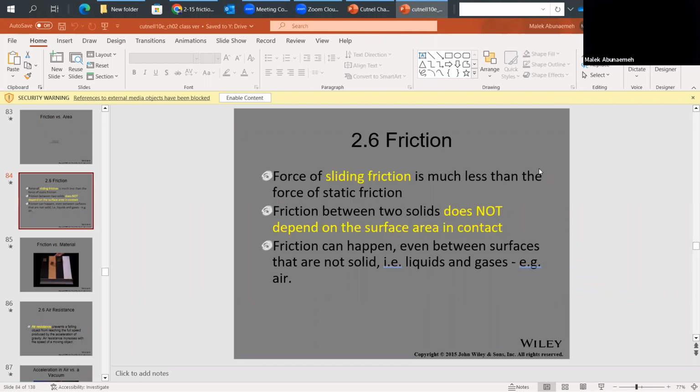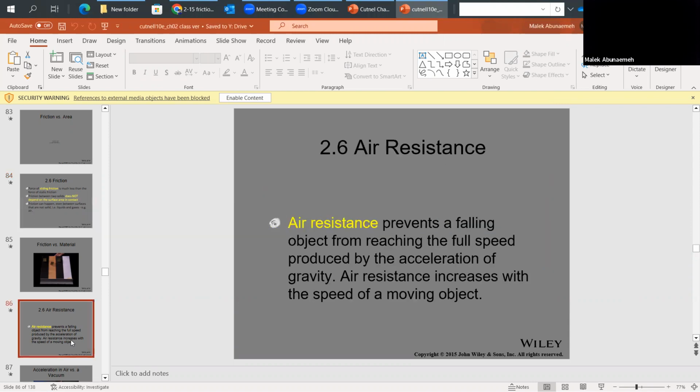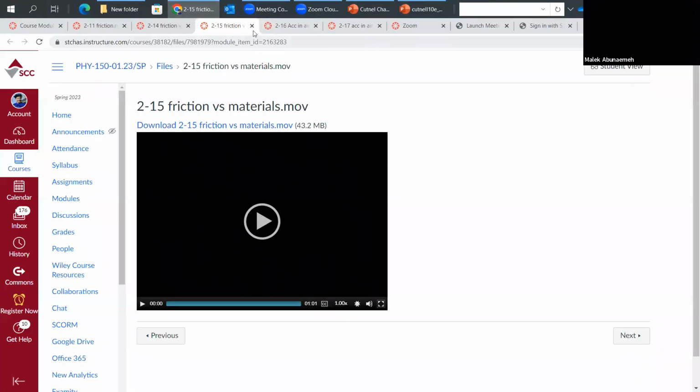Friction can also happen between surfaces that are not solids, for example liquids and gases, like air. One of the things that affects this is called air resistance. Air resistance prevents a falling object from reaching the full speed produced by the acceleration of gravity. Air resistance increases with the speed of the moving object. So let's go ahead and see the next video.